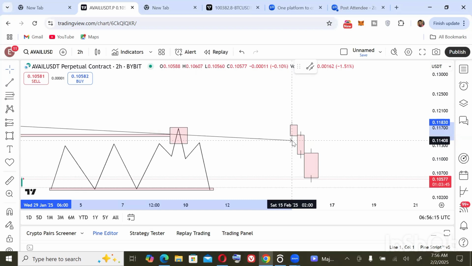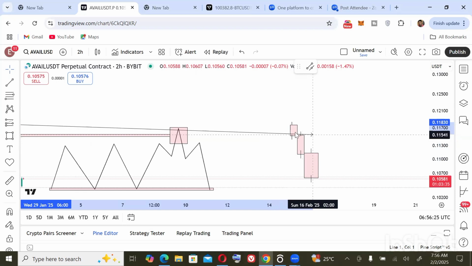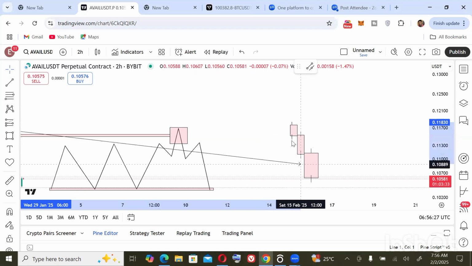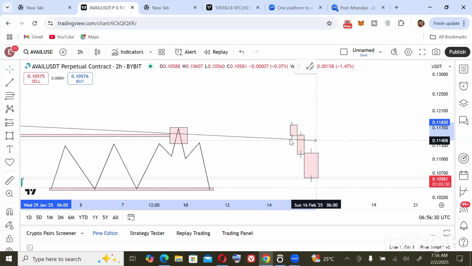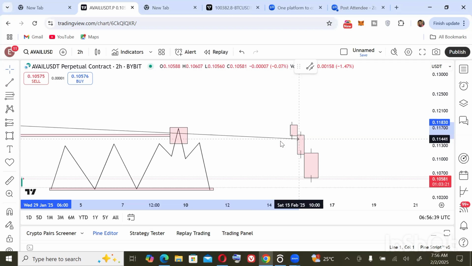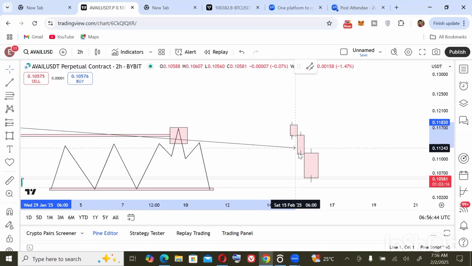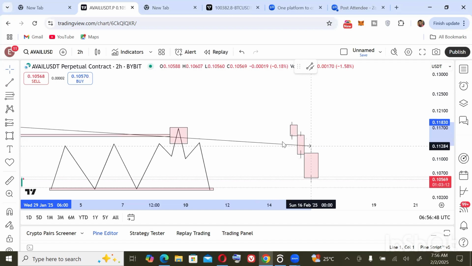This is called a fair value gap, meaning at this level, the volume coming down was exceedingly much. There was huge volume coming down, creating a gap, a displacement in price, meaning transactions obviously did not occur at this level. So at some point, price will definitely want to go back to fill up that particular gap.